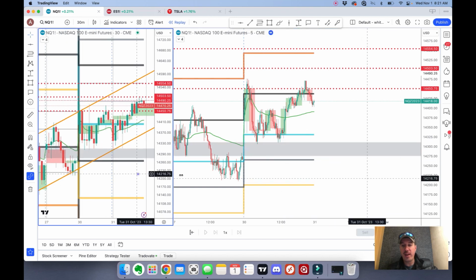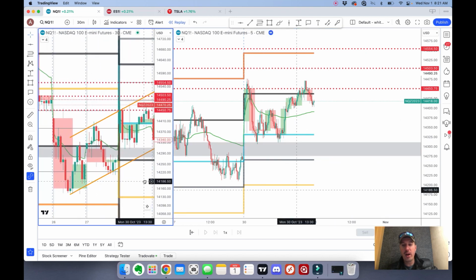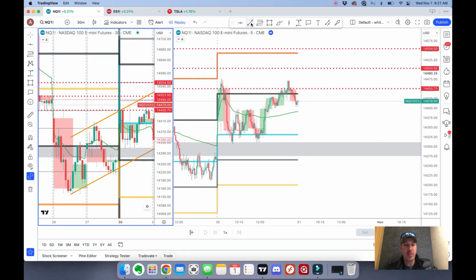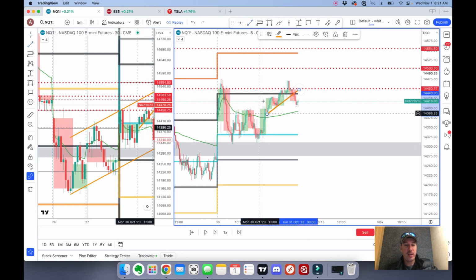With that said, we also identify at the end of the day what patterns. At the end of the day, you can see that we consolidated and then we dropped below this pattern. What does that tell me?